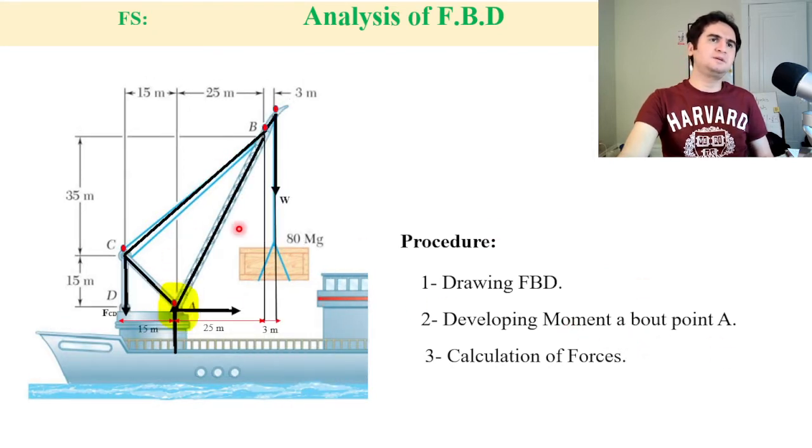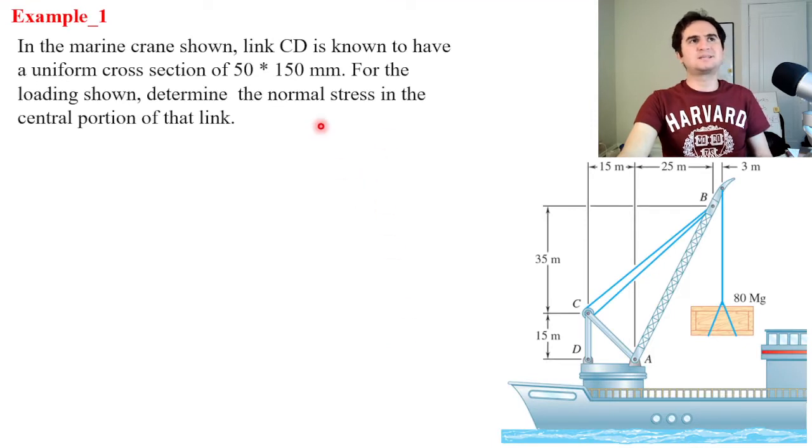For example, here point A is a good starting point because it cancels out the two vertical and horizontal components of pin A. And then calculation of forces, and as soon as you have the forces, you can divide the force over area to give you the stresses, either in tensile or compressive formats. Let's put it in an example.